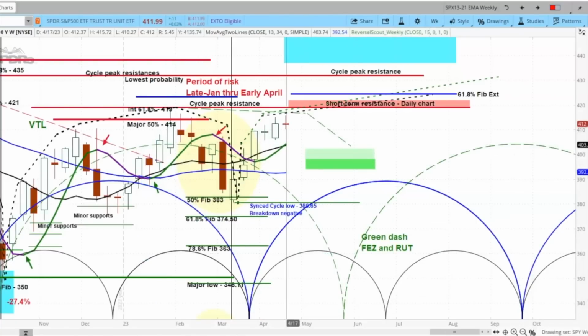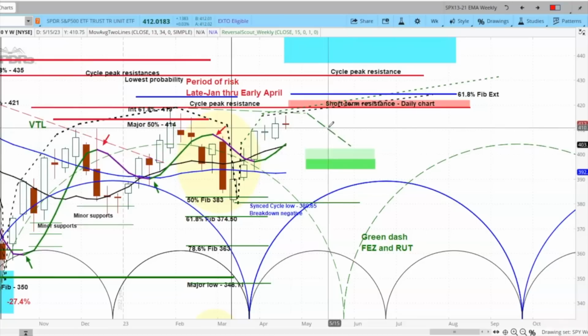And that is why I think that if the market does correct in here, it's going to be quite shallow. And likely, if there is a significant correction in any of the indexes, it's going to be in the IWM, the Russell, because that one still looks unfinished on the downside to me.